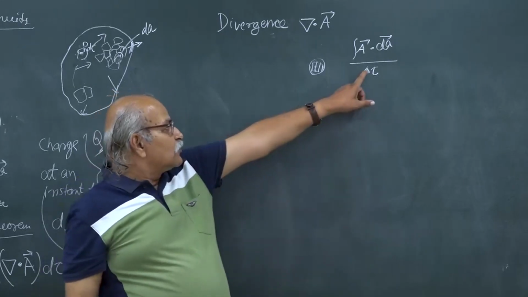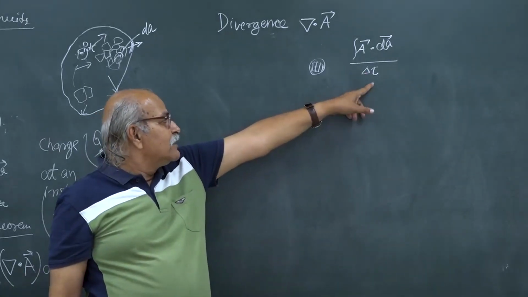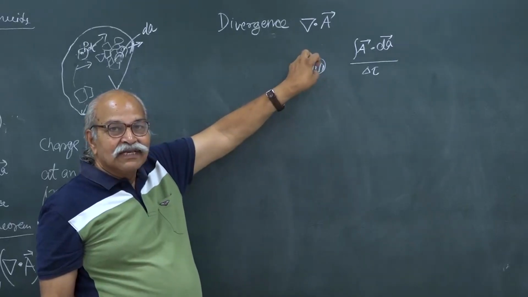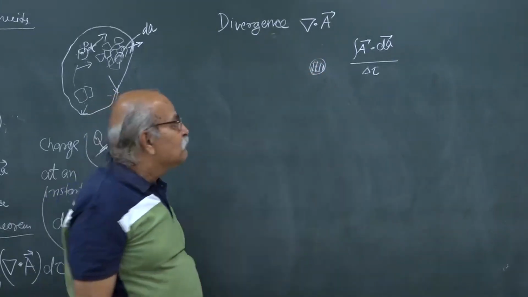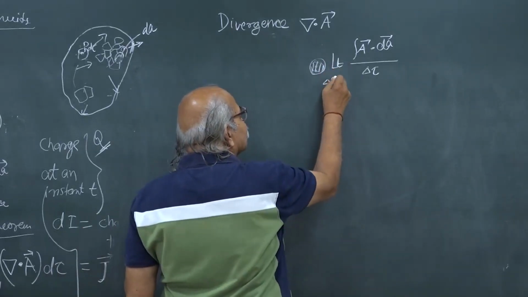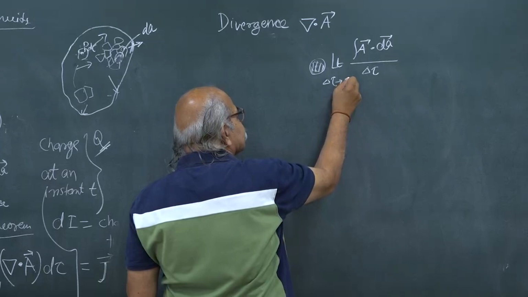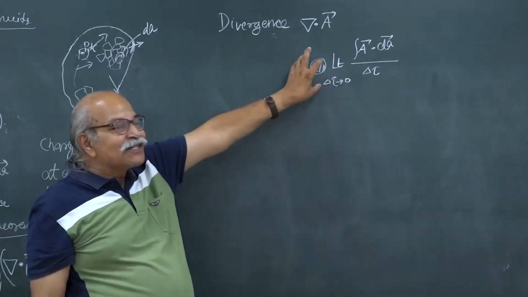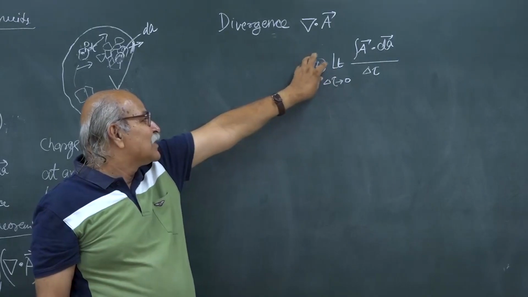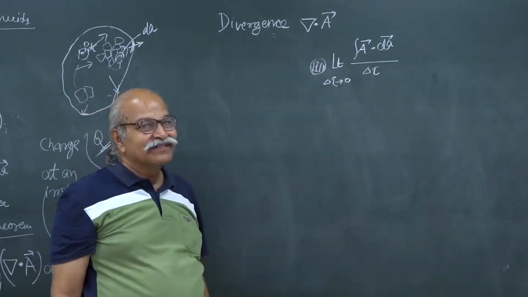I am writing delta tau to emphasize that this volume is small, because I am going to take the limit as delta tau tends to 0.